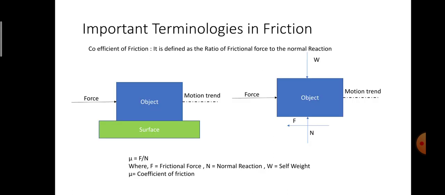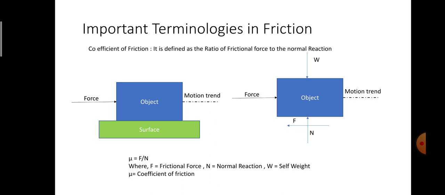Coming to the next concept, the terminologies which are very important in the frictional concept. The first terminology is coefficient of friction. Here again I consider an object resting on the surface and subjected to a pushing force, wherein along the pushing force itself we can expect the motion trend.